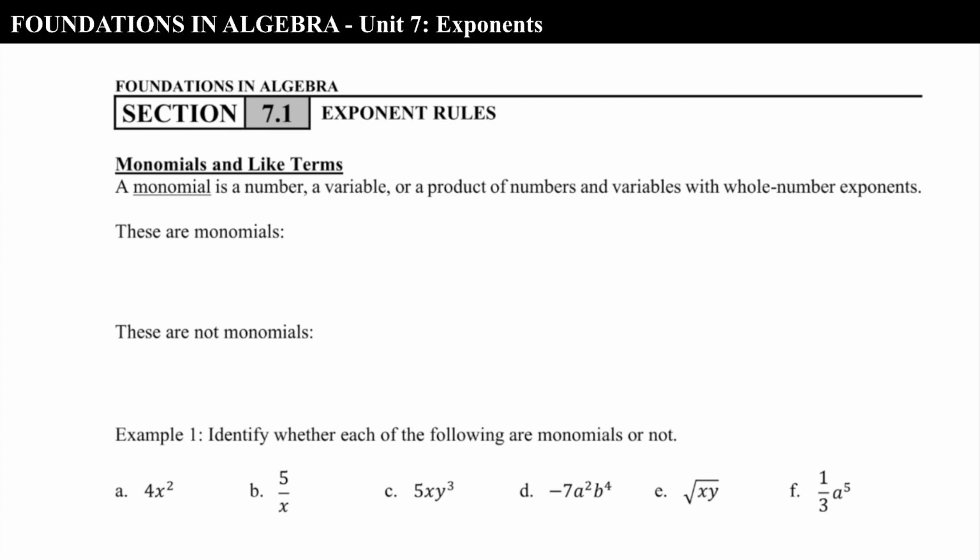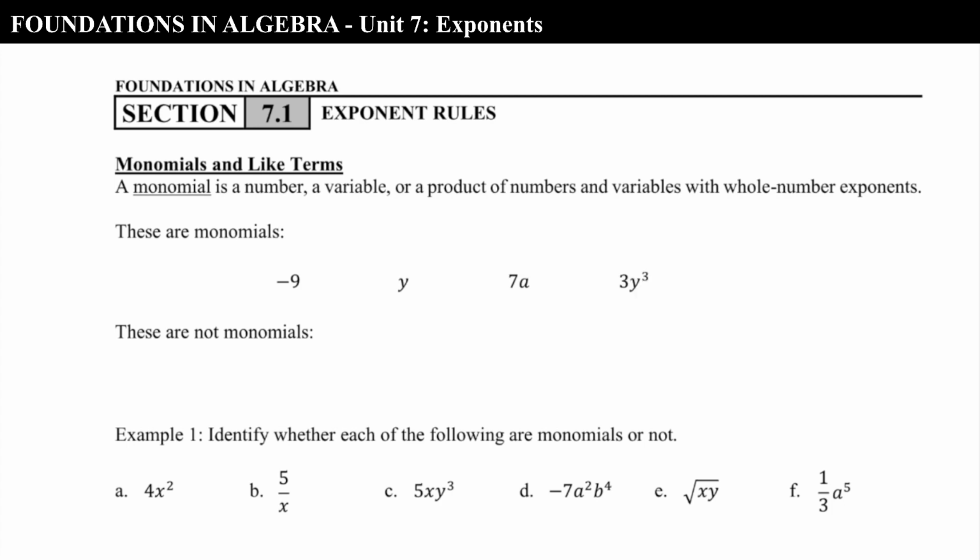A monomial is a number, a variable, or a product that has numbers and variables with whole number exponents. For example, here's a look at what some monomials are. It can be a number. It can be a variable, such as y. It can be a number times a variable.